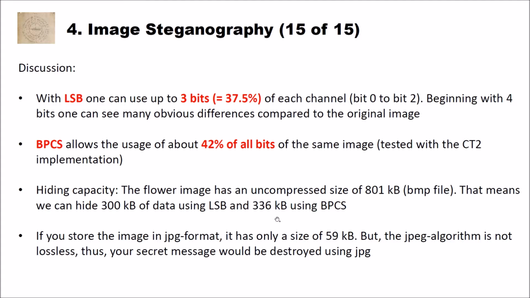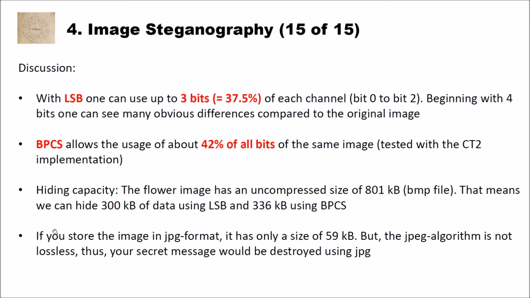And probably with these 336 kilobyte that we hide with BPCS, you could not see much, or you may also see nothing that was changed in the image, but maybe with the 300 kilobyte that we hide with the LSB method, you could see something in the image that has been changed.